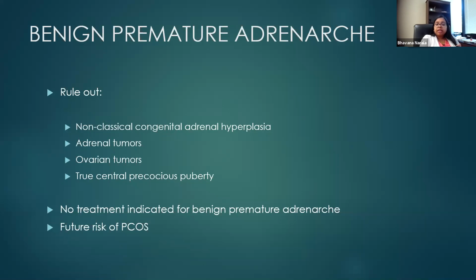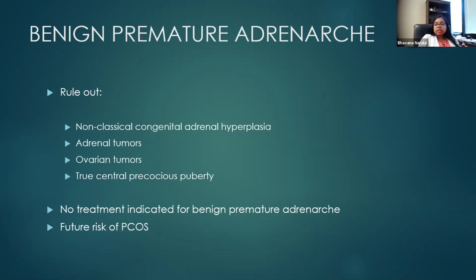There's no treatment indicated for benign premature adrenarche. You don't have to stop them from progressing through this, and it should not alter the timing of actual puberty. There is some data on an increased risk of polycystic ovarian syndrome for these children in the future.